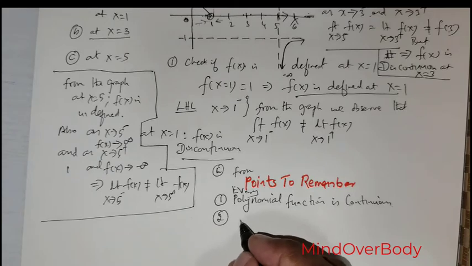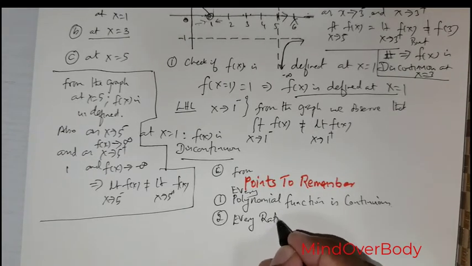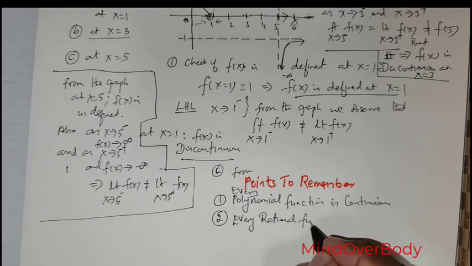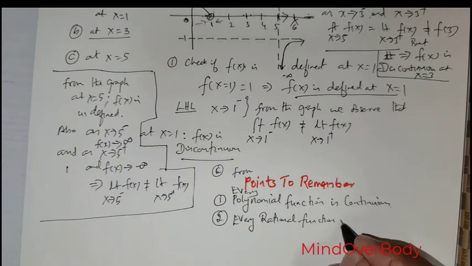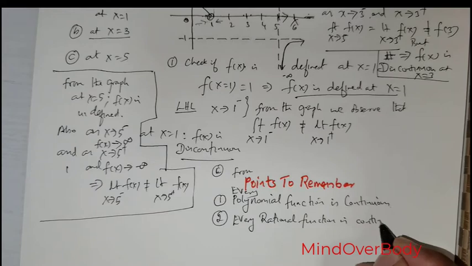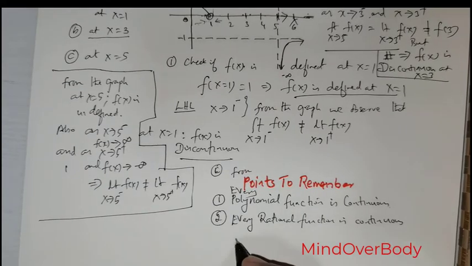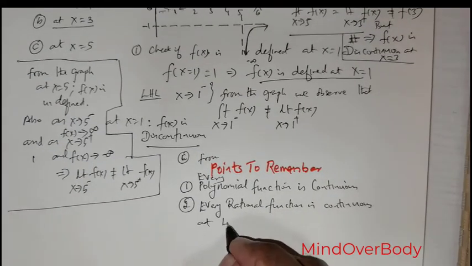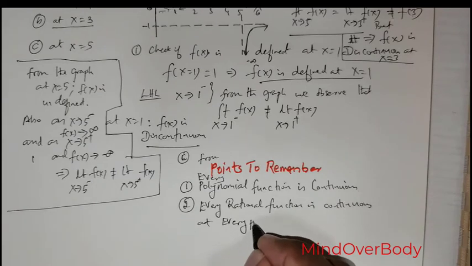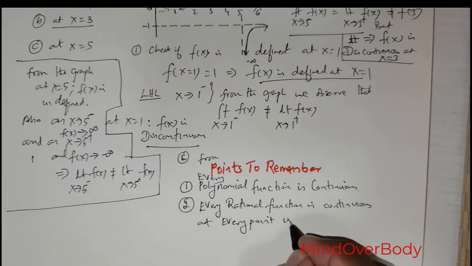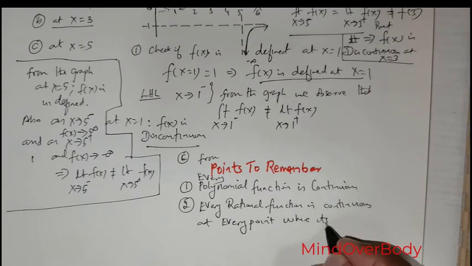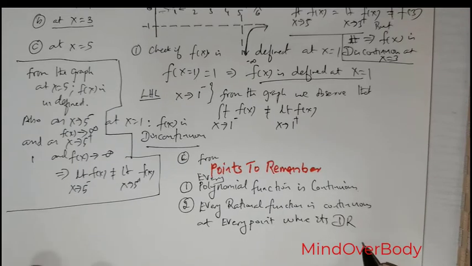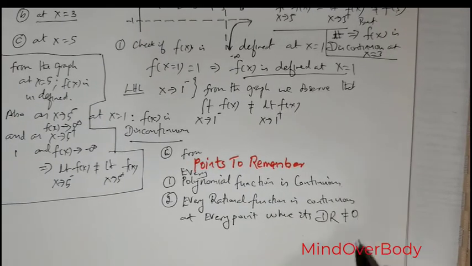Number 2, every rational function is continuous at every point where its denominator is not equal to 0.